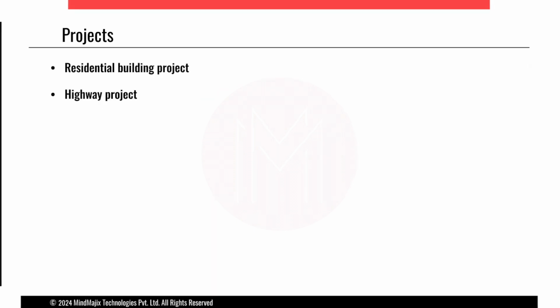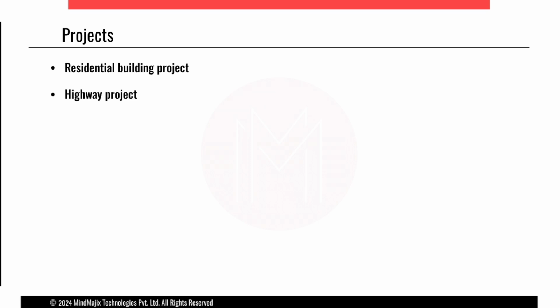Towards the end of the program, we will also do some hands-on on two projects. The first one is going to be a residential building project, and the second one is a highway project. Now, it might happen that not everyone likes these projects because the domain can be different. It can be from oil and gas, manufacturing, production planning, shutdown projects, and so on.